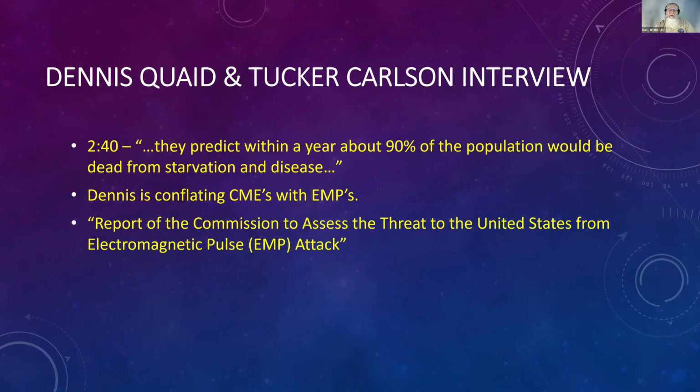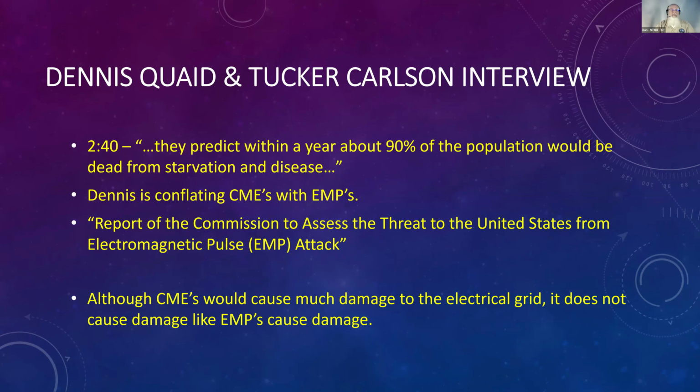The Tucker Carlson interview is only about the 1859 Carrington event and the potential of another CME happening. But because people use CME and EMP interchangeably, you get this misinformation.